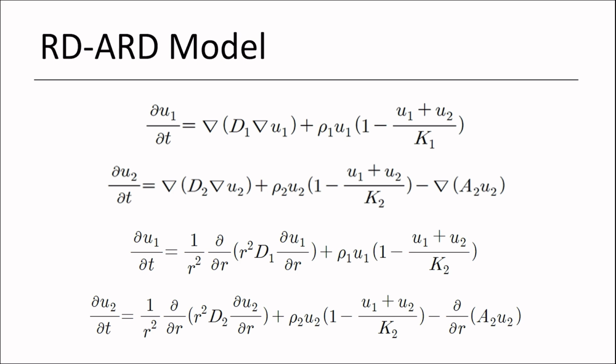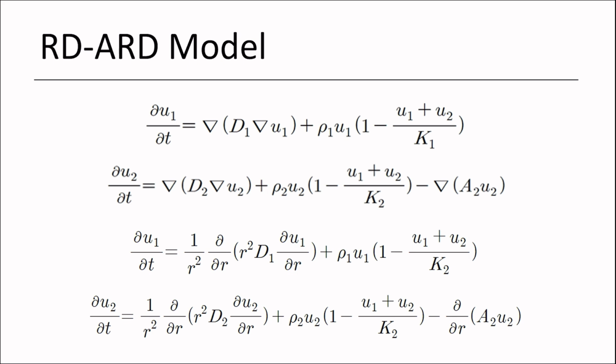An important feature here is that U2 includes an advection term which models this increased mobility. This structure allows us to capture not only the growth of the tumor, but also the spatial interactions between different cell types.